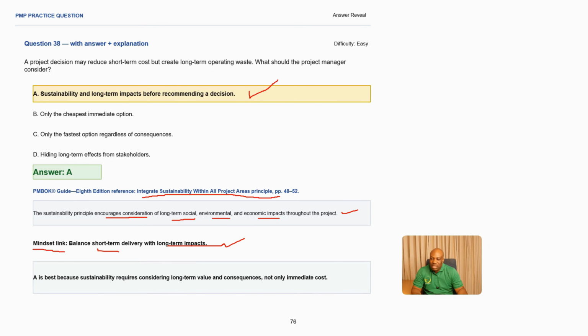In this particular scenario, the project decision has a short-term cost reduction, but in terms of long-term, there's going to be operational waste. So the best that the project manager should consider is sustainability and also long-term, making A the best answer, because sustainability requires consideration of long-term value and also consequences, and not only immediate cost.